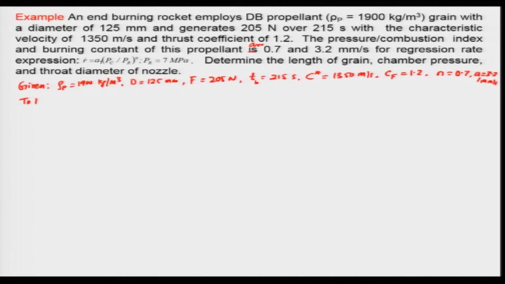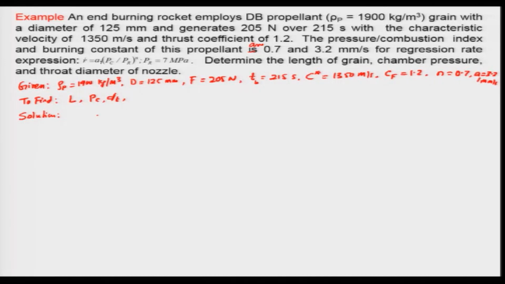And to find are the length of the grain, chamber pressure and throat diameter, d_t. Of course, we can get a lot of this directly, and let us see how we can do it.